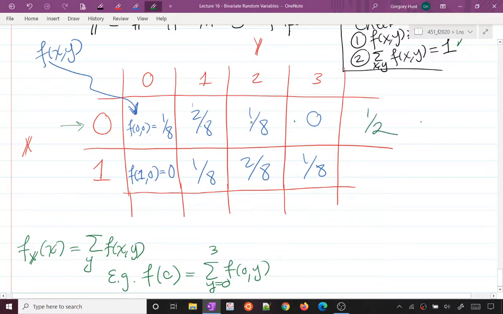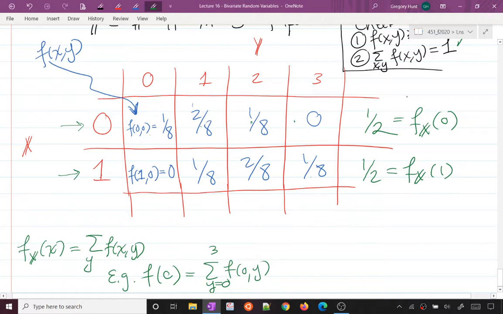So that should be 1/2, and that is f x of 0. And if I want f x of 1, I go for the second row. I sum across the 1 row, right? And that's 0, 1/8, 2/8, 1/8. And again, that should give me 1/2. So the marginal distribution of x is written in the margin, hence the name.